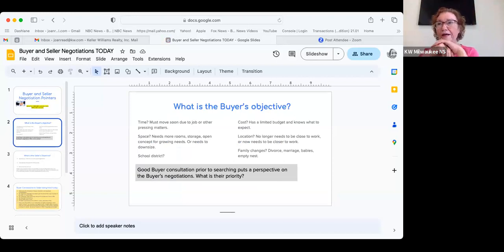So when we are working with our client, whether we are working with a seller or a buyer, we need to know what their objectives are.